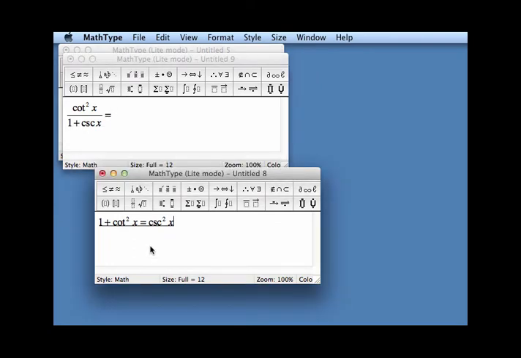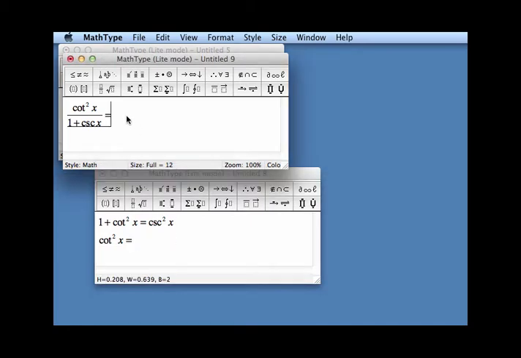If we look at our original Pythagorean identity, if I subtract 1 from both sides, then cotangent squared of x is equal to cosecant squared of x minus 1. And so if I take that expression and replace the top with it, then the top factors pretty simply.